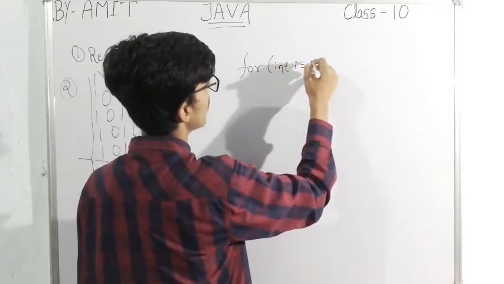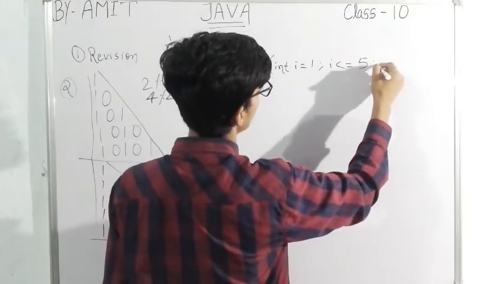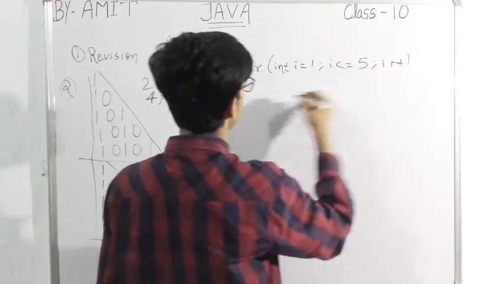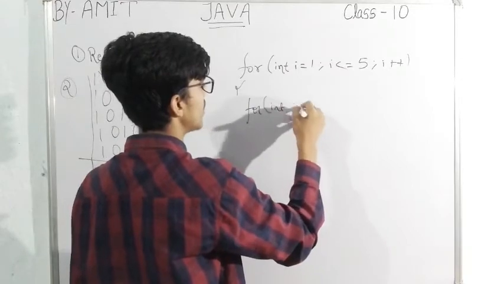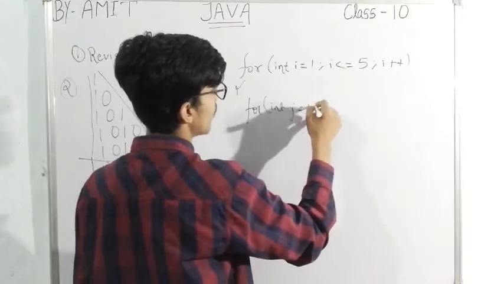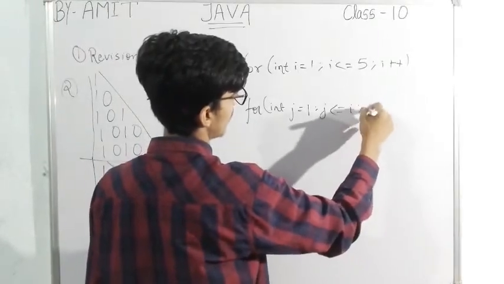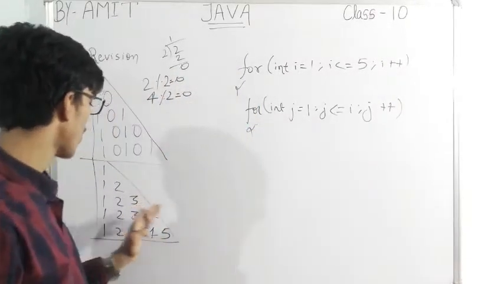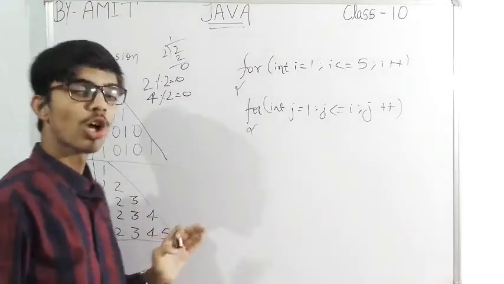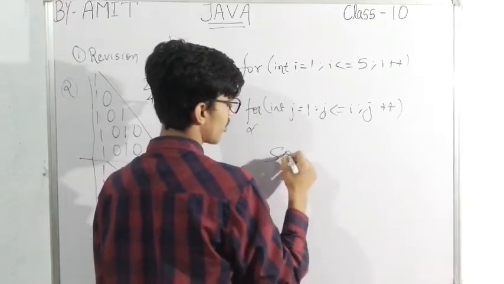for int i is equal to 1, i is less than or equal to 5, i plus plus, for int j is equal to 1, j is less than or equal to i, j plus plus. Till here we know. After this we will not store anywhere, we'll directly print using SOP.